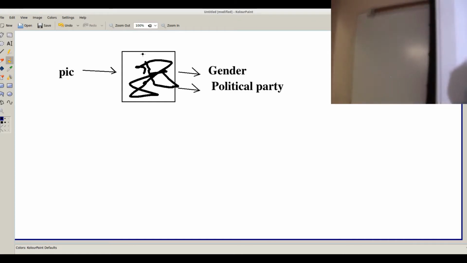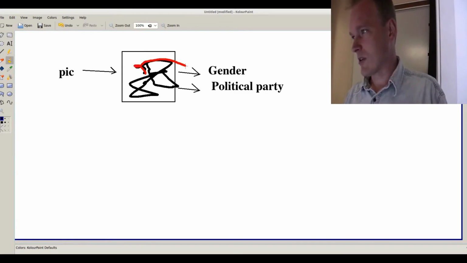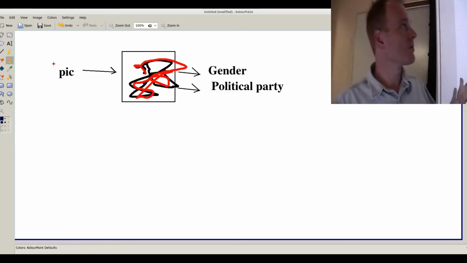But if the structures inside there are useful for the other problem, do you see that training on the first one actually helps it learn the similar structures for the second one a little bit better, even though it's a different problem?